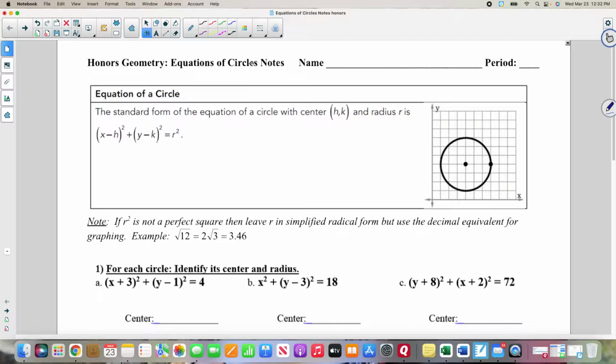But in a circle, because both of these are negatives, we have to change both of them. So our center is (h, k). Whatever number is here and whatever number is here, you change their signs, and that becomes your center. And then your r is your radius.